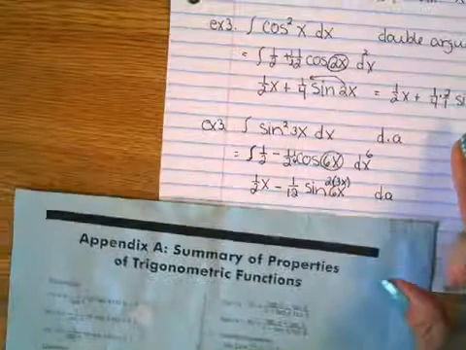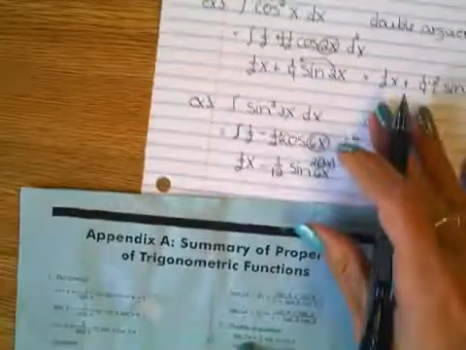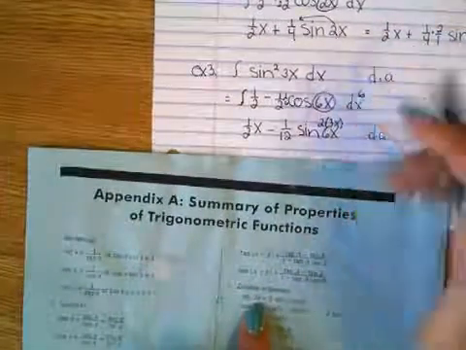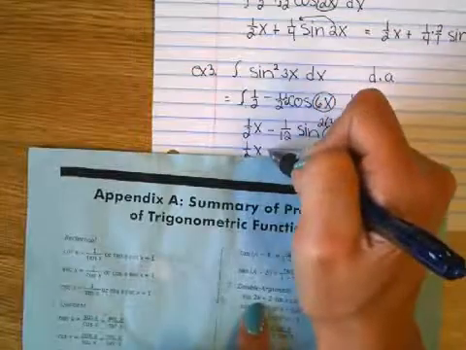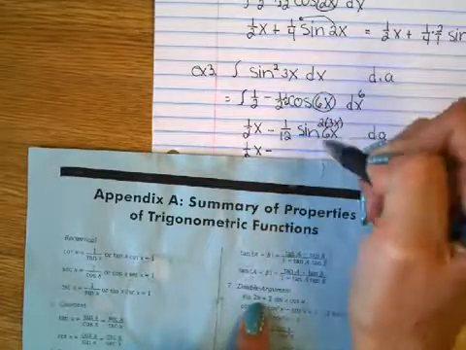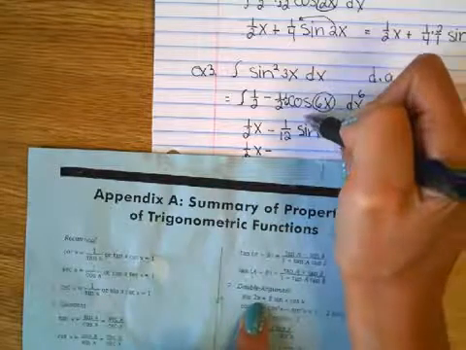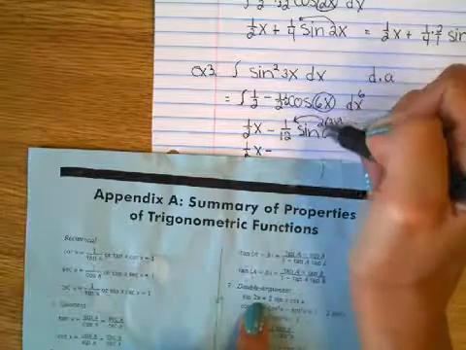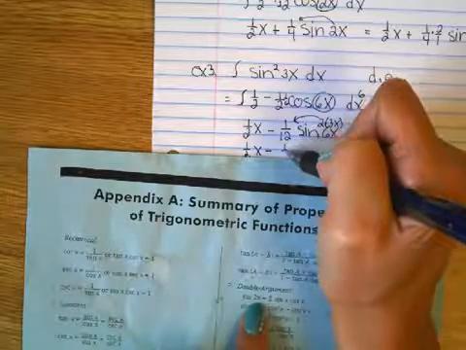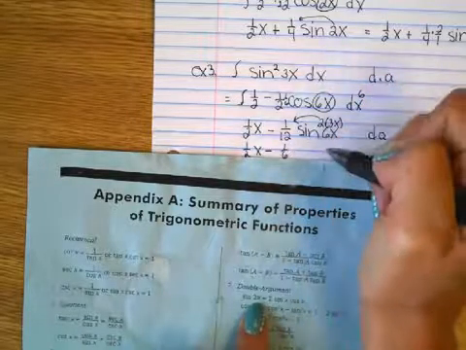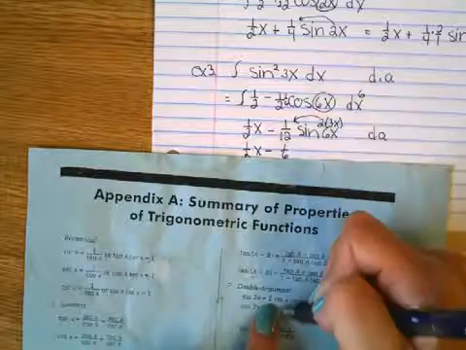So I will keep the 1/2 x. Remember the 2 pulls out in front. So I will have 2 over 12, which is 1/6. That's the 2 that I pulled out in front.